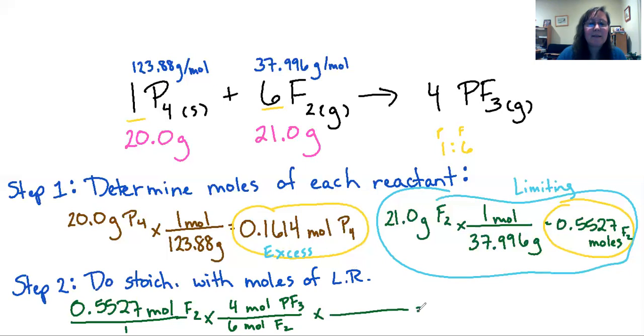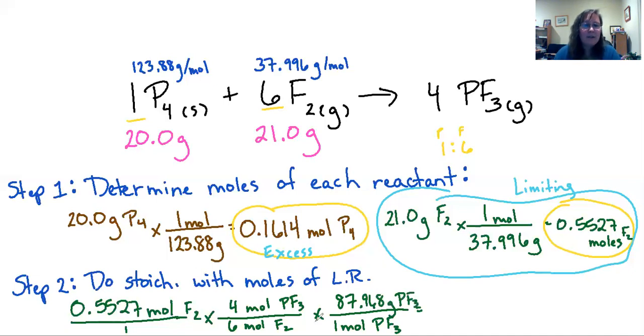Last but not least, I need a molar mass of my unknown, and that's for PF3. I find 3 fluorines, so 3 times 18.998 plus 1 phosphorus, 30.974, and that's 87.968 grams of PF3.